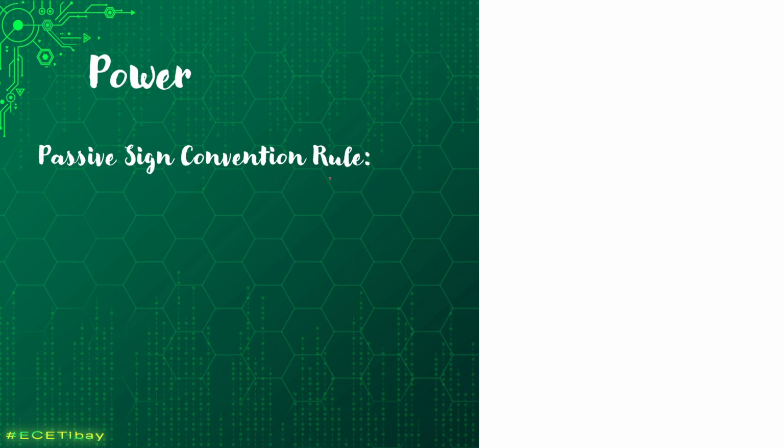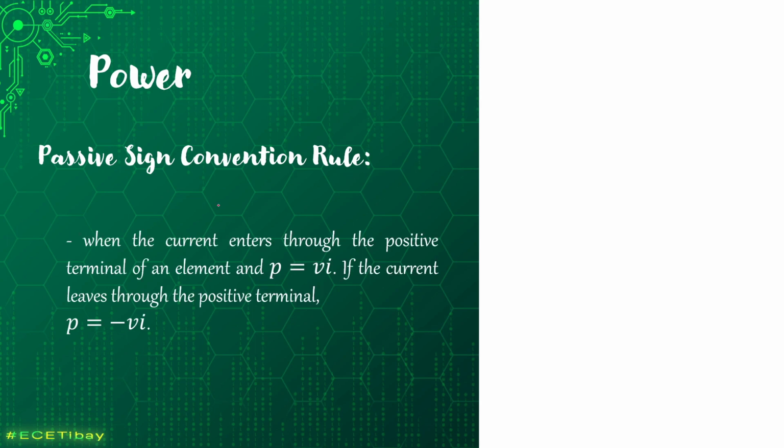The rule states that when the current enters through the positive terminal, the power is P is equal to VI.